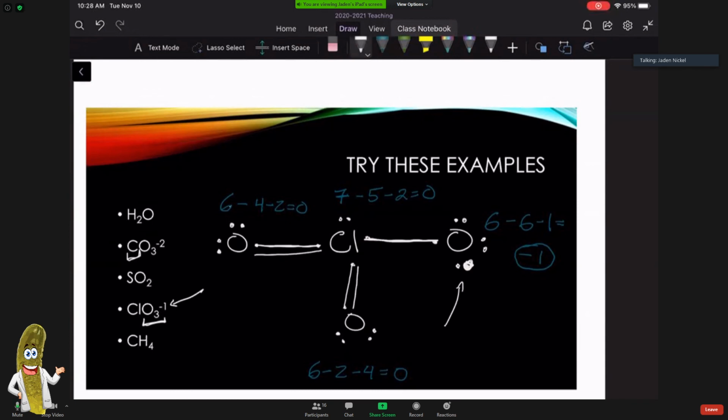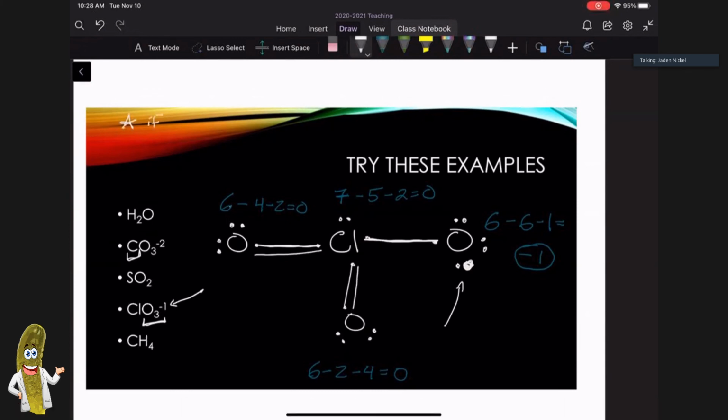So some key notes for you are: if it has a negative charge, add one more electron later. If it has a positive charge, you'd obviously do the reverse of that and take away one electron.